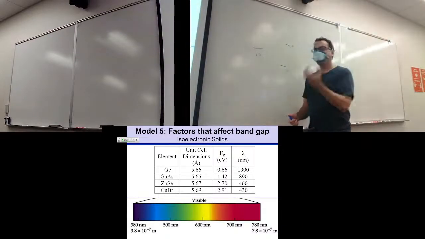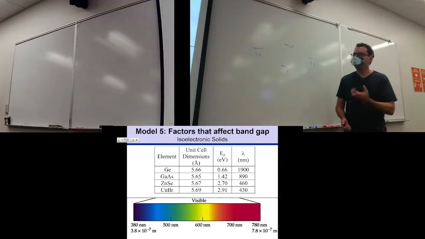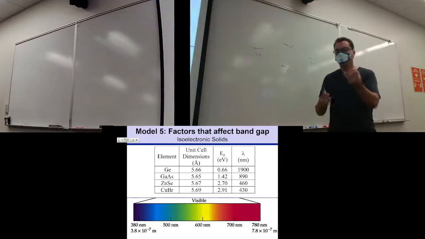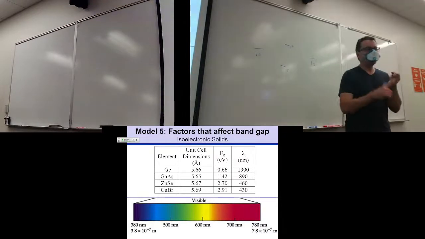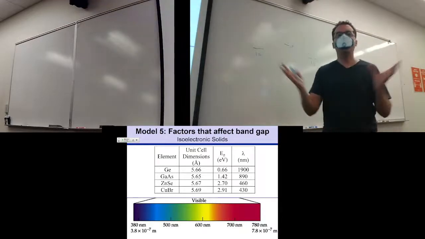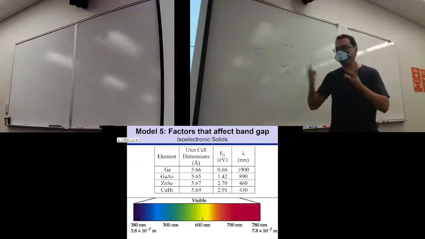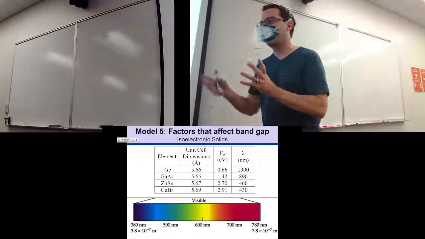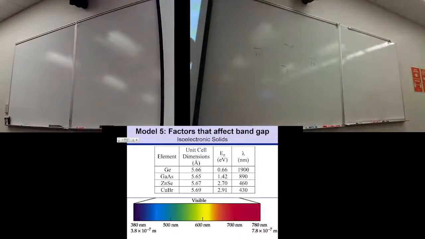Why? All of these group 4 isoelectronic compounds have similar crystal structures. They're diamond-like or zinc blende-like, however you want to call it. And so we're limiting the factors that are changing, so we can accurately predict what else is happening by other reasons. So notice that the size of the unit cell is pretty consistent.